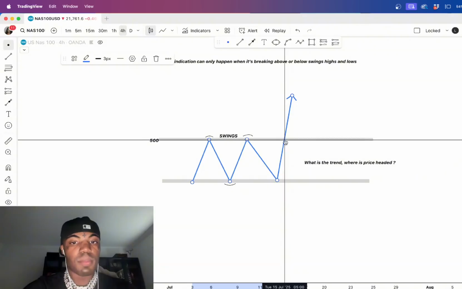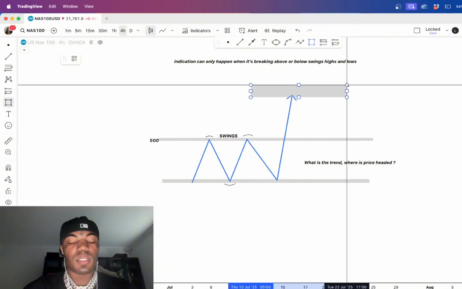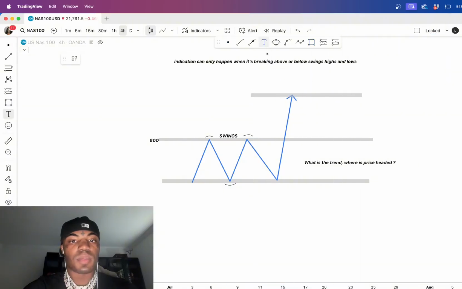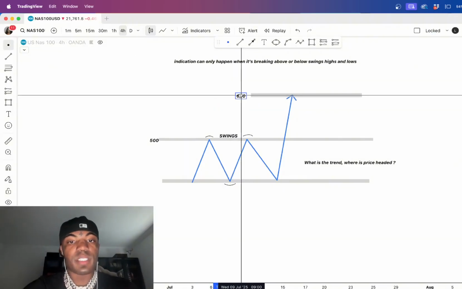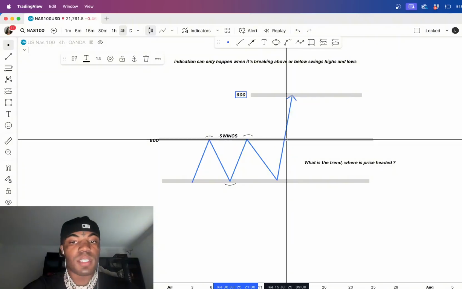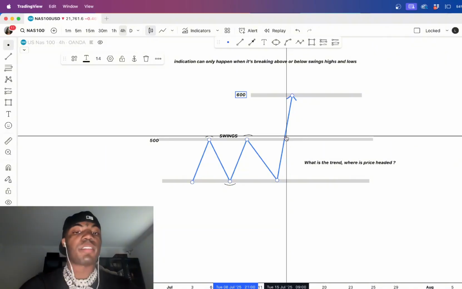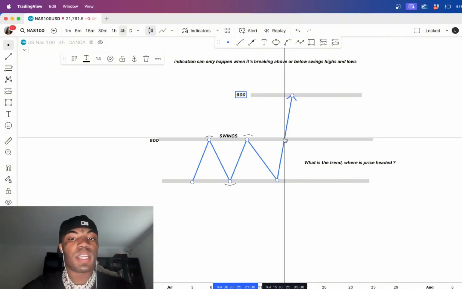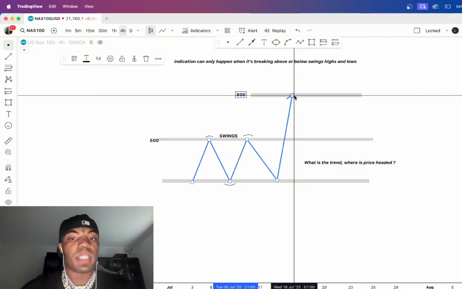The same momentum that's driving it up to, let's say, 600. So let's say this goes up to 600. That indication shows this is where that momentum started. It started anywhere above 500. So anything above 500 has the potential to go to 600, right? That's basically what an indication is showing you.